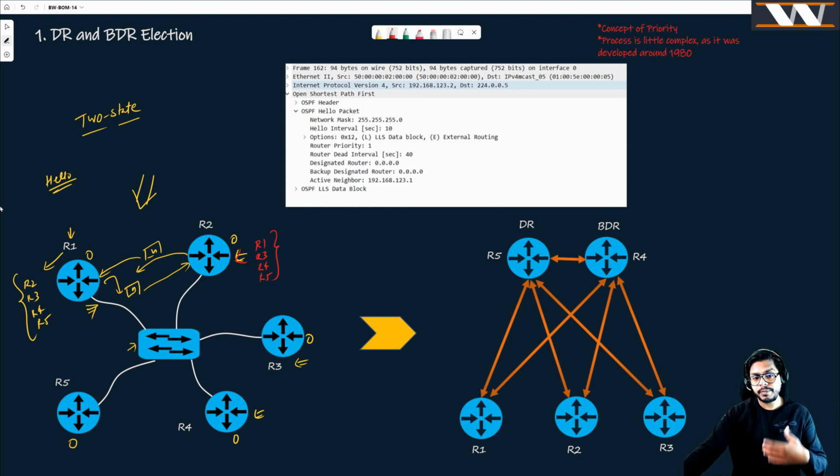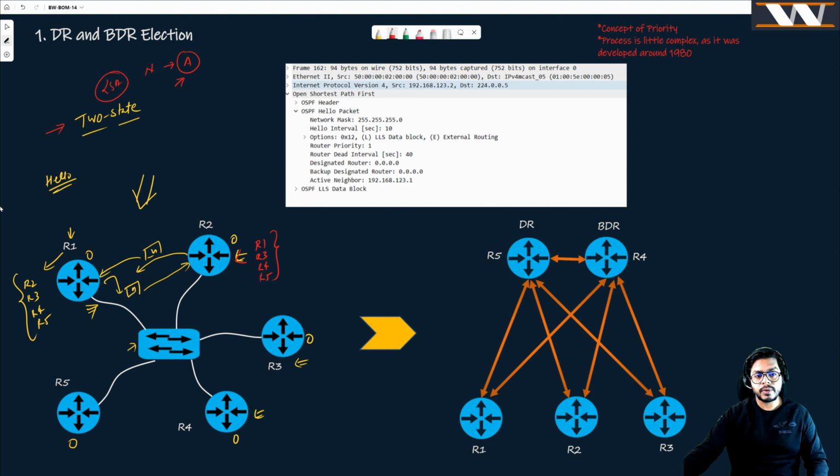And everybody is in the two-way state, but two-way state is not where you can start sharing routing information or LSAs, because we are moving from neighborship towards adjacency, right? Once we make the adjacency, we share routing information over the adjacency. So everybody in this topology understands that there are 4 more routers apart from me, which are my neighbors, right?